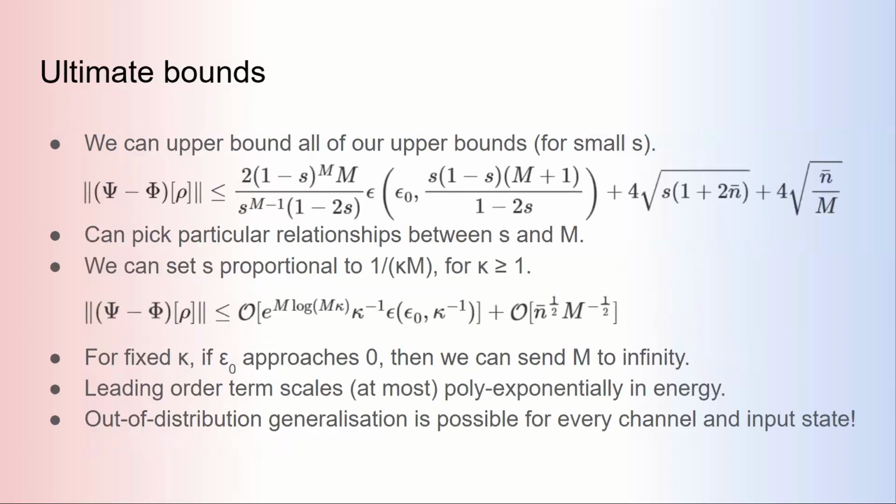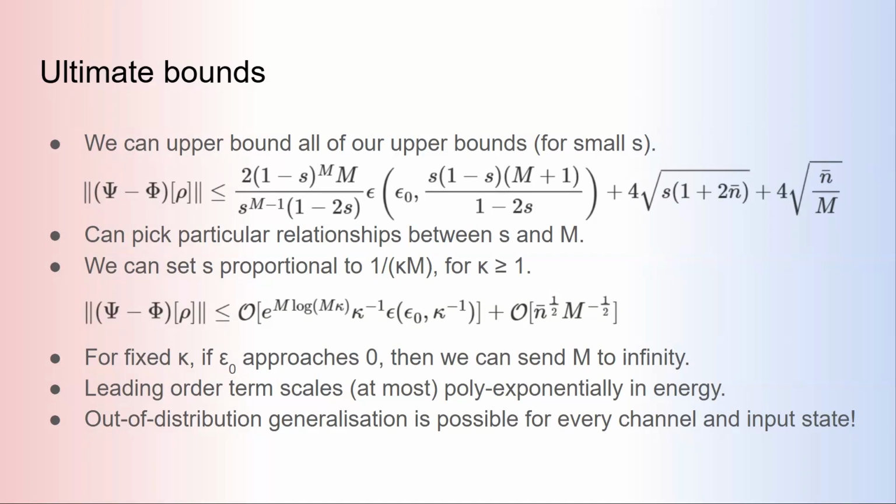And in fact, I can upper bound all of these upper bounds for any state without knowing anything about it other than n bar with this object, which I still need to tune over s and m, right? And that tuning depends kind of on what this function epsilon is, but it exists.